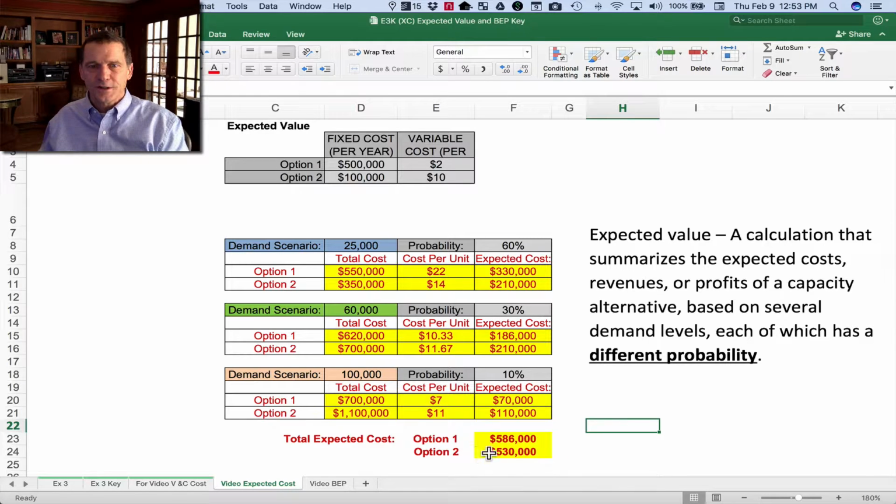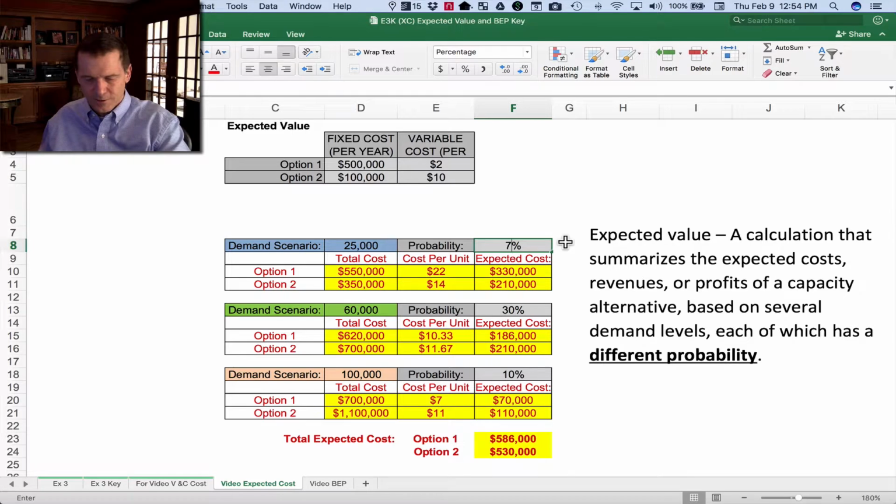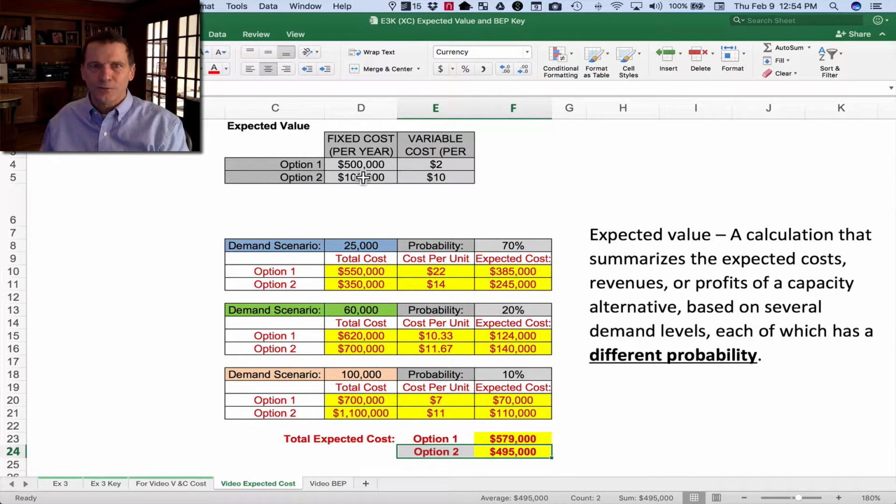And now we see that option 2 is the lower cost, right? Because we've said we think it's most likely that we're going to be in this 25,000 range. And the more we increase that, if I make it 70% and 20% and 10%, the more it's going to swing in favor of having a low fixed cost and a high variable cost.